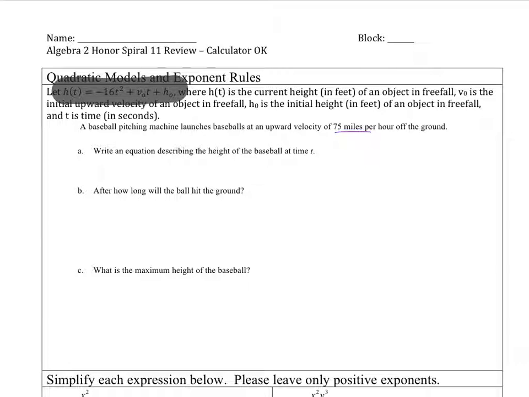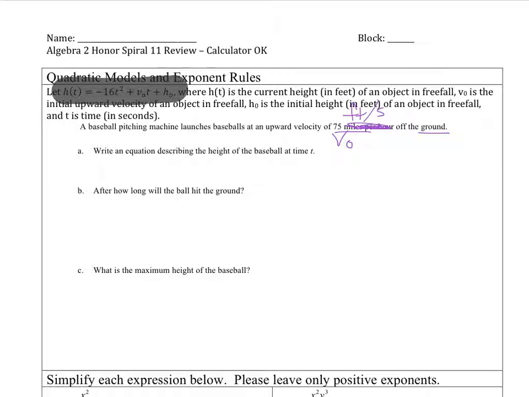This is not actually a greatly worded question because 75 miles per hour needs to be converted into feet per second. So I'm going to instead say this should be in feet per second to simplify our work here. So 75 feet per second off the ground. That means that my initial velocity, v sub 0, is 75.